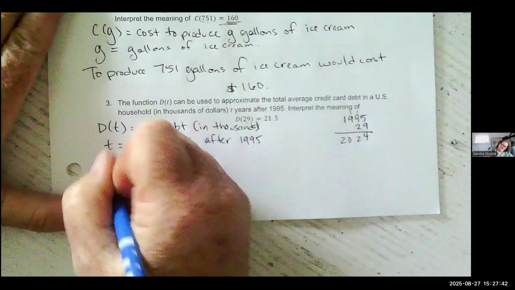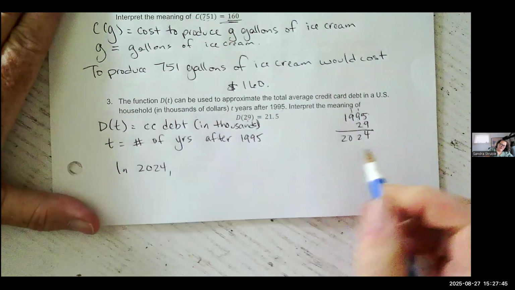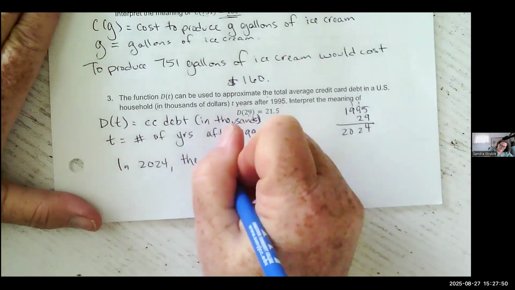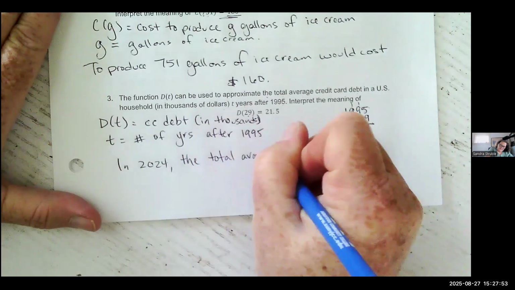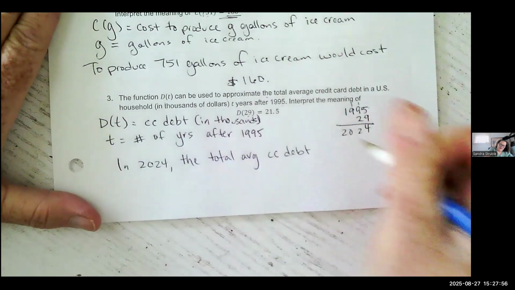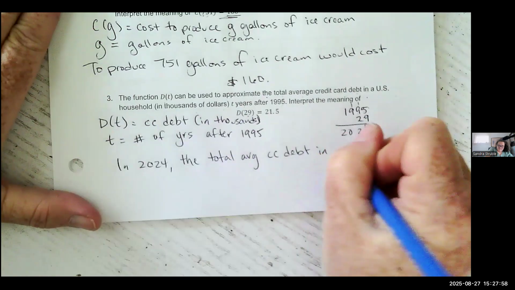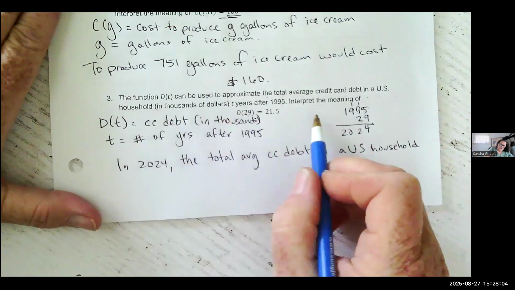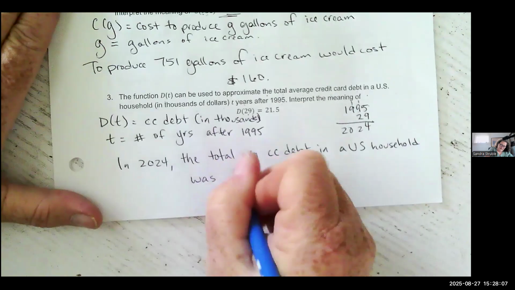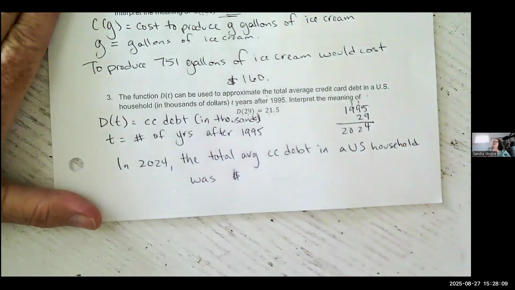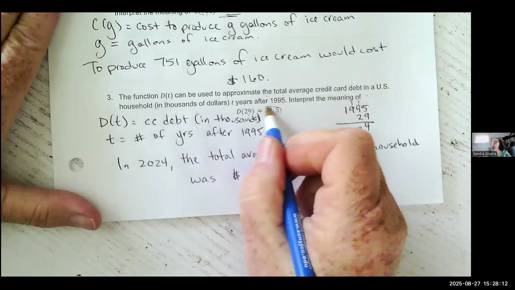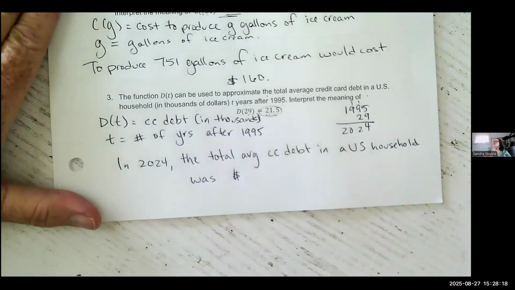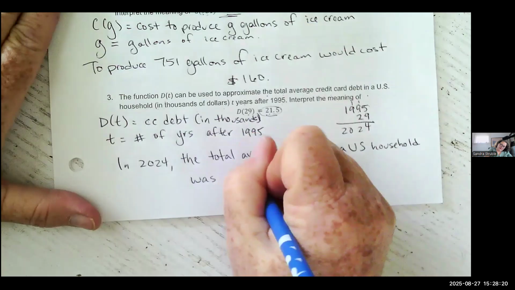So in 2024, the total average credit card debt in a U.S. household was what? Don't forget your dollar sign. 21.5. Here's the deal though. This 21.5 is in thousands of dollars. So you have to take 21.5 times 1,000 and you get $21,500.